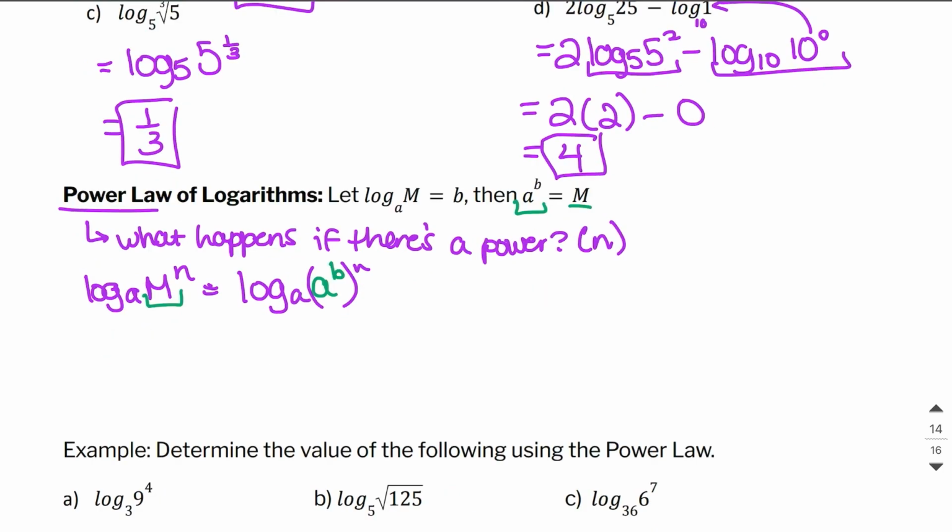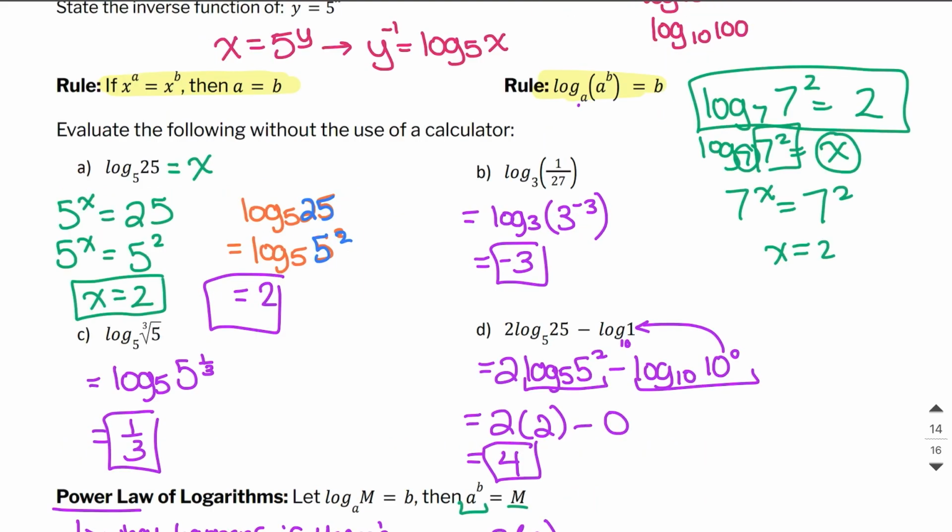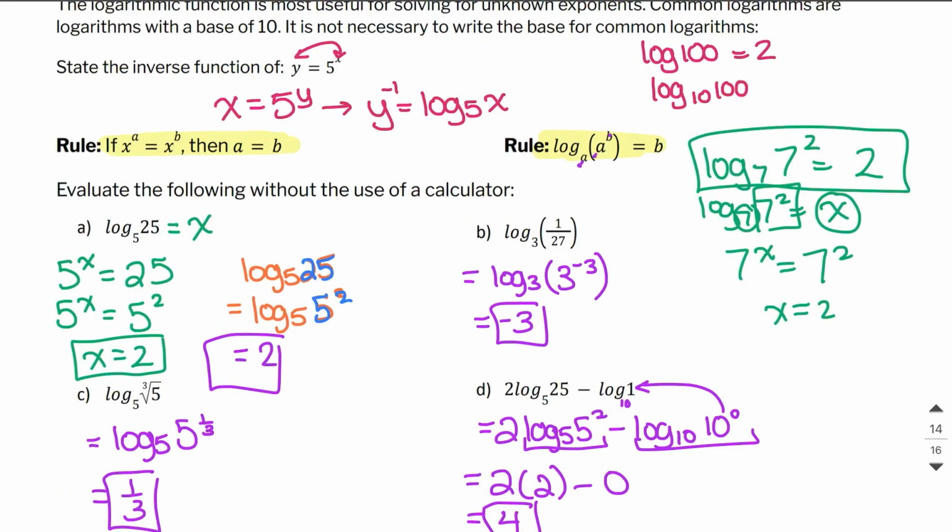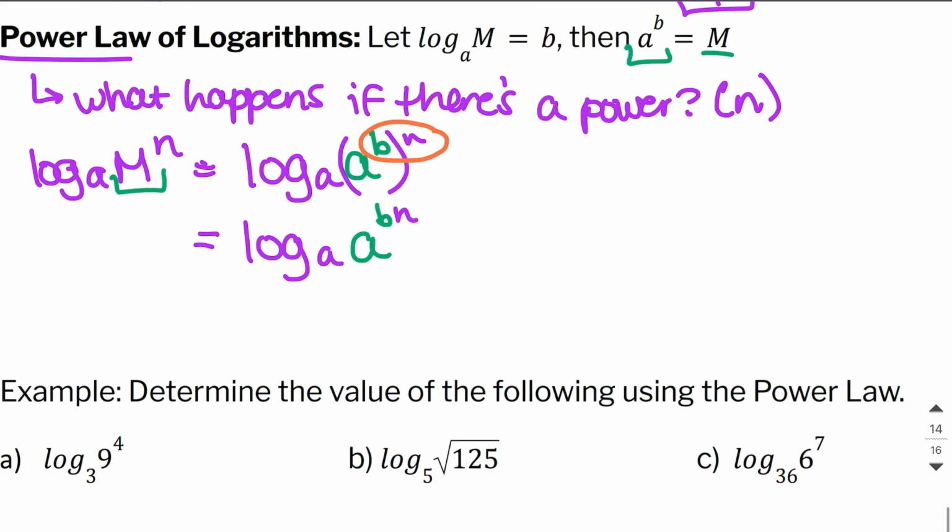Remember, when you have a power to a power, you need to multiply these exponents together. So this is just log base a of a to the power of bn. But remember this rule: if we have log base a of a to the power of b, it's just the exponent that we have here.